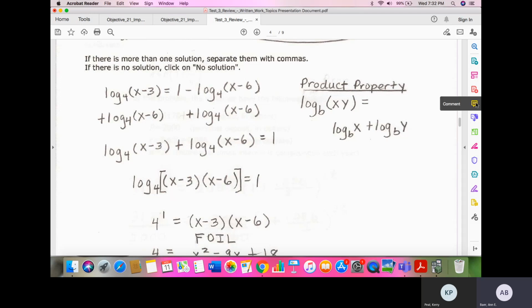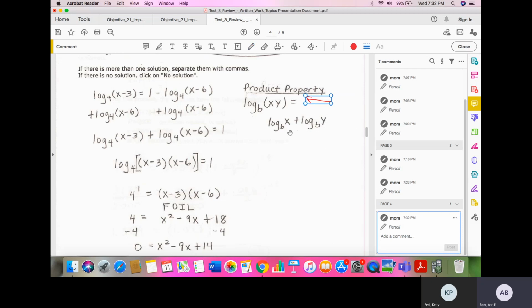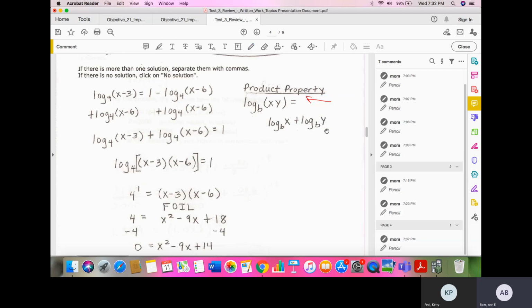But we can also use this property in the other direction. If we have the sum of 2 logs, we can write that as a single log of the product.